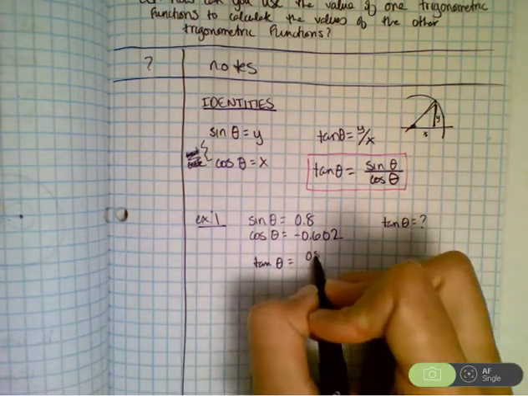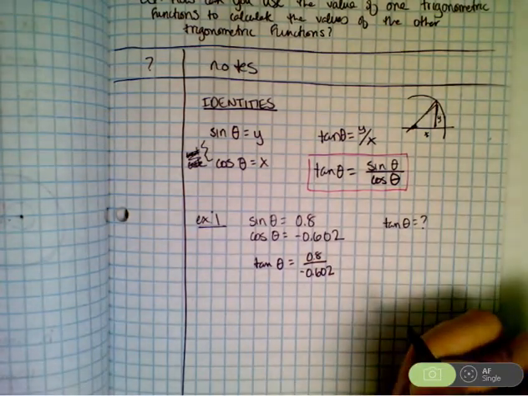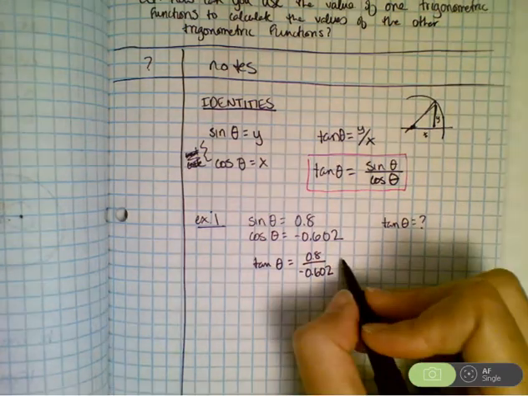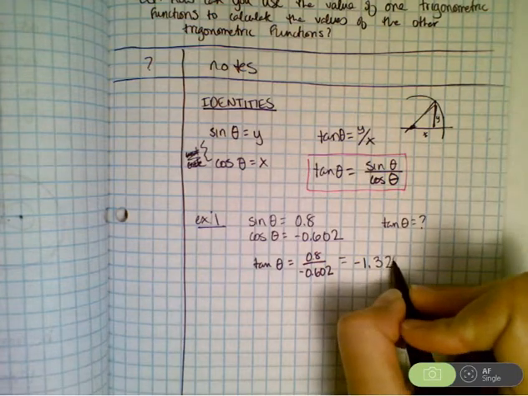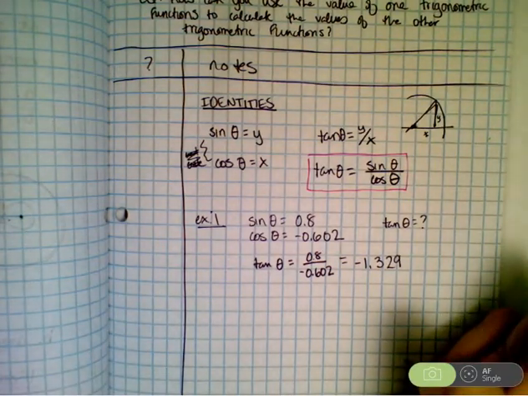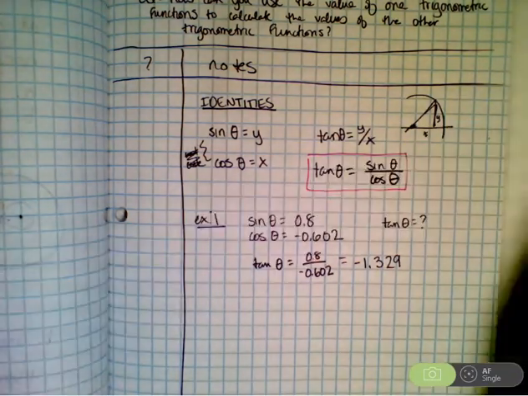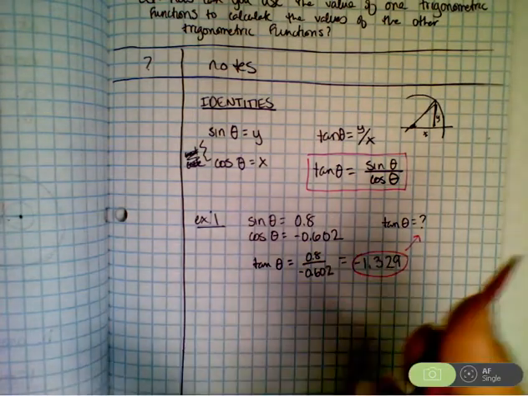So it would be 0.8 divided by negative 0.602. You take out a calculator, and you get negative 1.329. So that would be the tangent of your angle, and that's what we're looking for here. Now we've got the sine, the cosine, and the tangent is equal to negative 1.329.